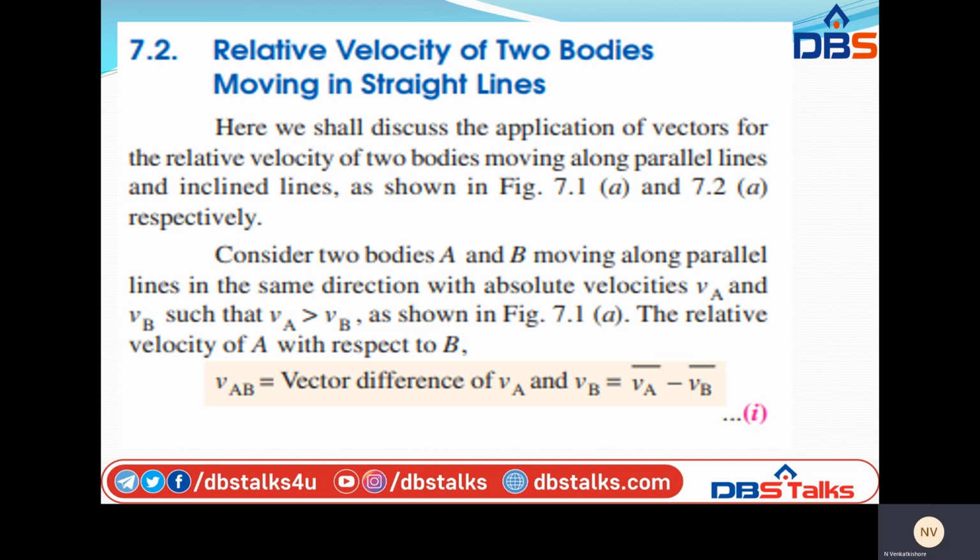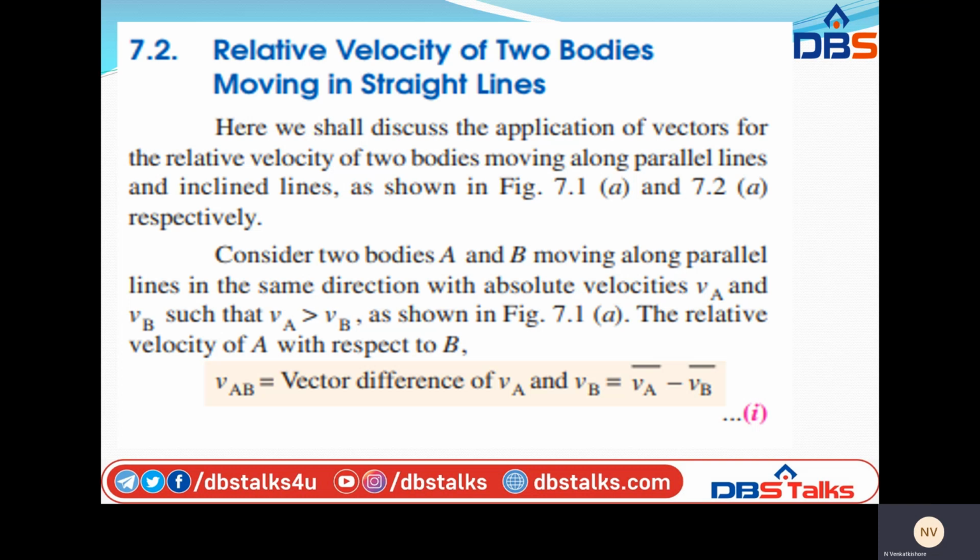Here is how to find the relative velocity of two bodies which are moving in straight lines. The application of vectors for the relative motion of two bodies moving in parallel lines and inclined lines is shown in the diagrams.